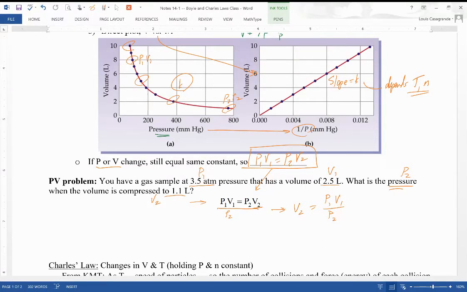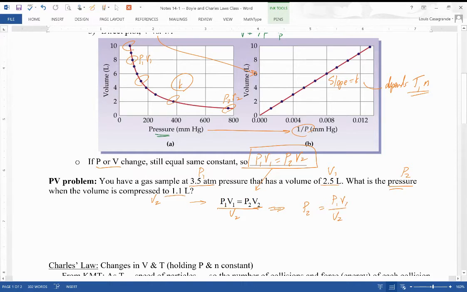Somebody should have caught me. Let's go back. No, I wanted P2. So we're going to divide this through by V2. My apologies. And we're going to get that P2 is equal to P1 times V1 divided by V2.